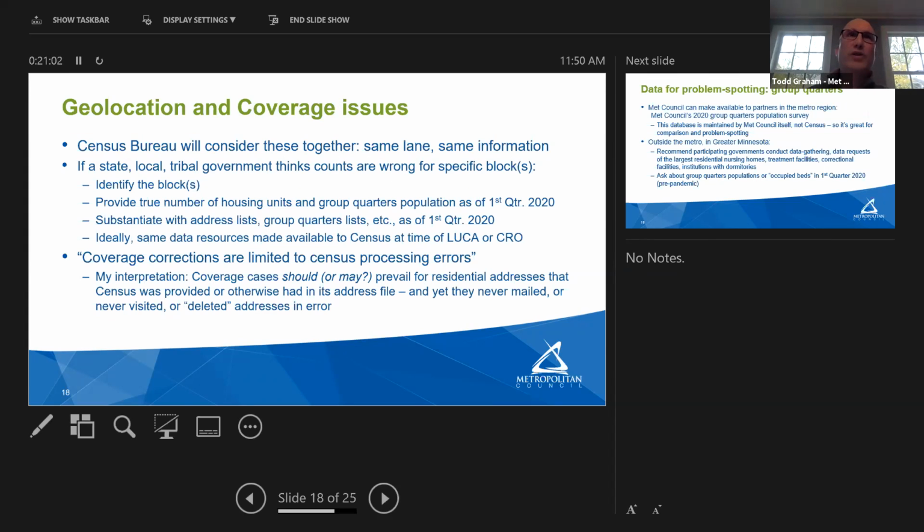So if you think that the counts are wrong, the count of number of housing units in a block or a larger geography, Census Bureau is going to ask that you provide them the block ID number, and provide them what you think is the true or correct number of housing units as of first quarter 2020.